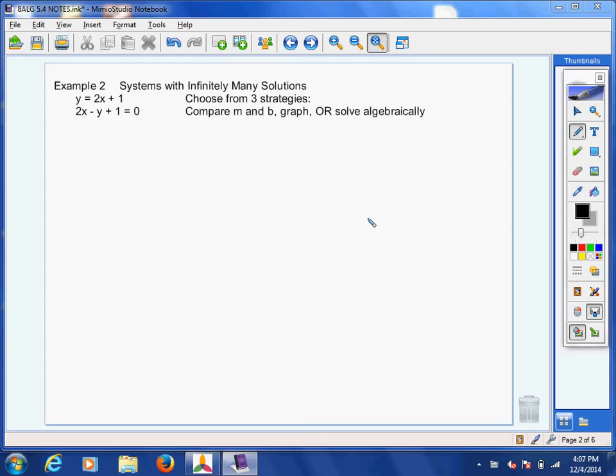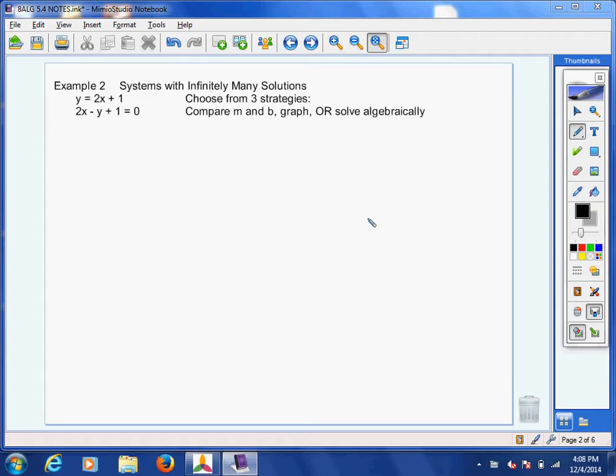We're going to jump back into 5.4 example 2. What I showed you in example 1 was the possibility of having a system that never intersects because they're parallel lines, and you won't have any solution at all. All the systems we did in sections 5.1, 5.2, and 5.3 crisscrossed at some point.